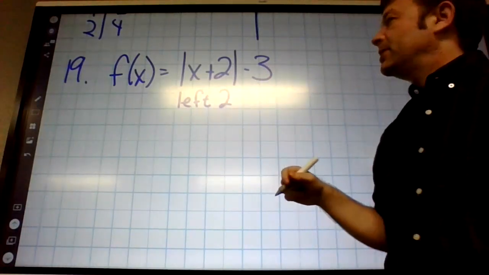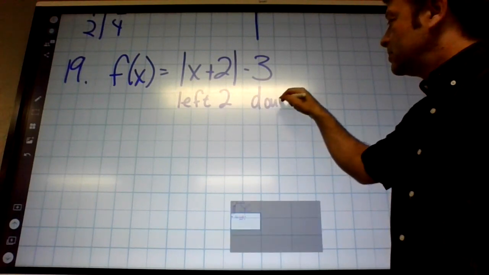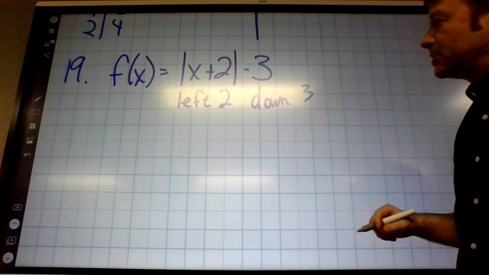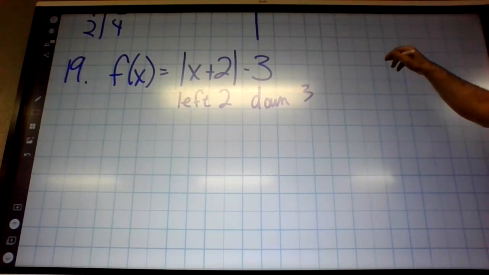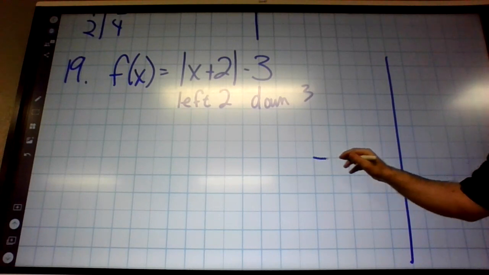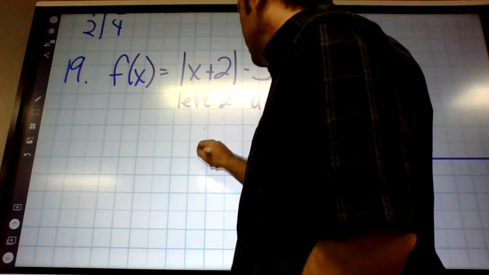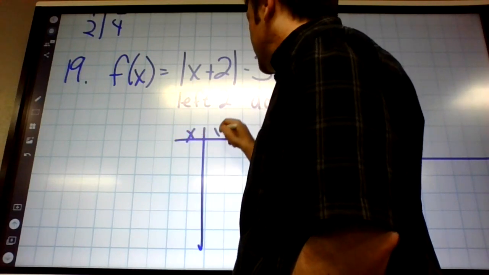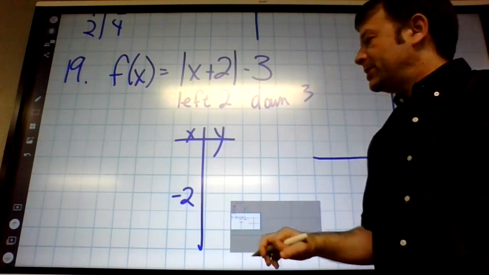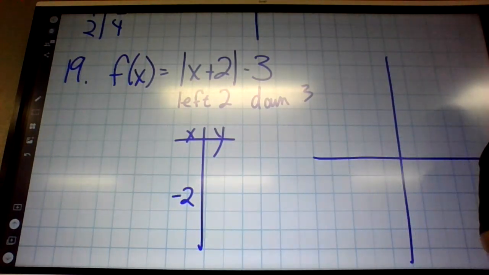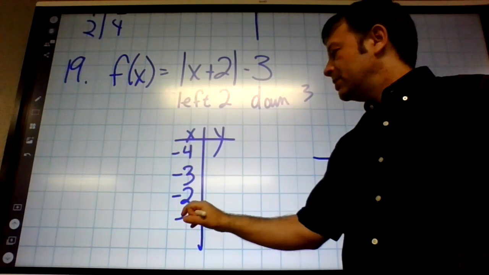And what's the -3 going to do to the graph? Down 3. So that kind of tells you what the graph's supposed to look like. Still an absolute value, so it'll still be a V. If you wanted to plug some x values in, since the graph is moving left 2, -2 would be the middle of the graph. So you might want to plug in -4, -3.